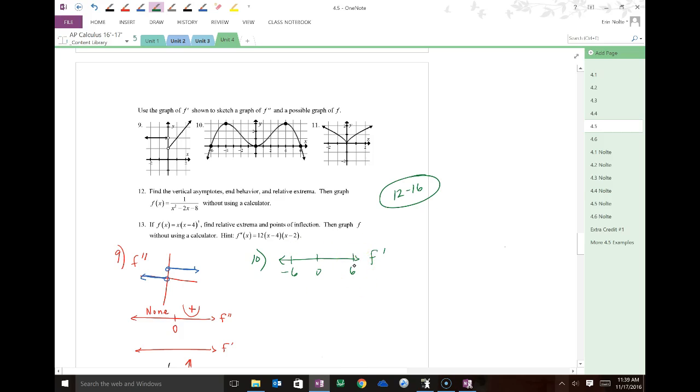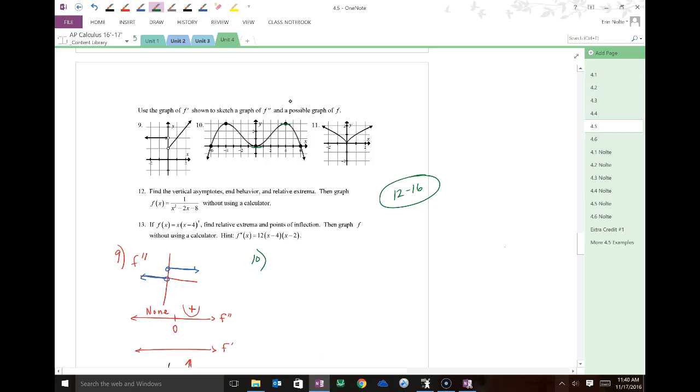Oh, this does say sketch the graph of the derivative. Sorry, I'm going to go backwards a tad bit and do that. To do the second derivative, I'm looking for when the slope of this is 0. I see a max at -4, a min at 0, and a max at 4.